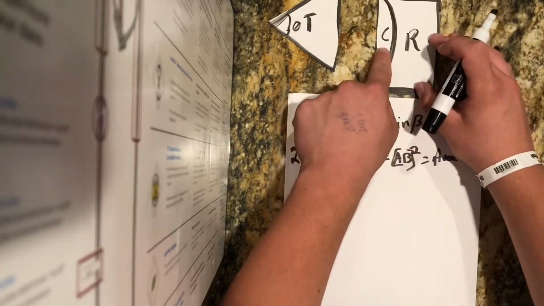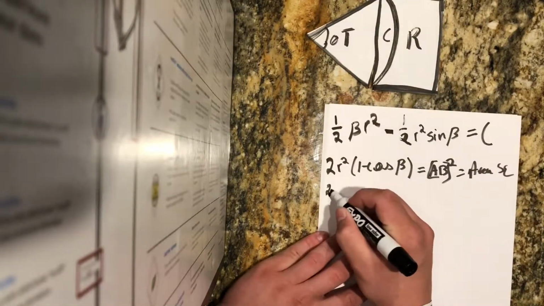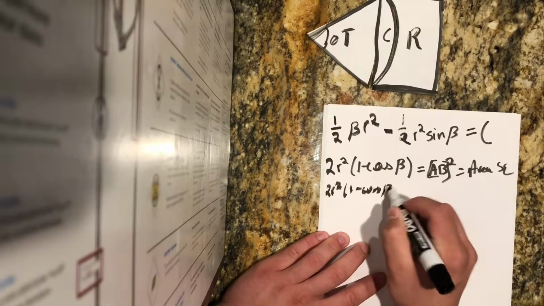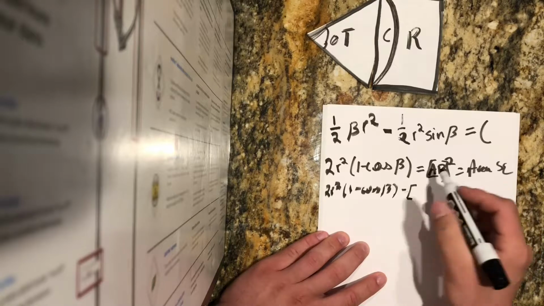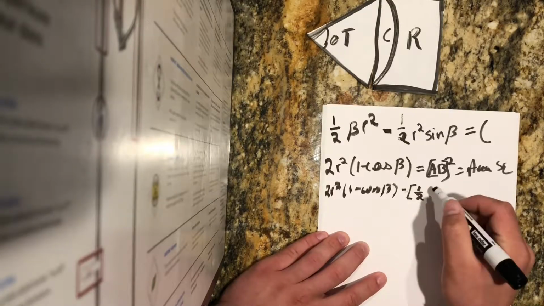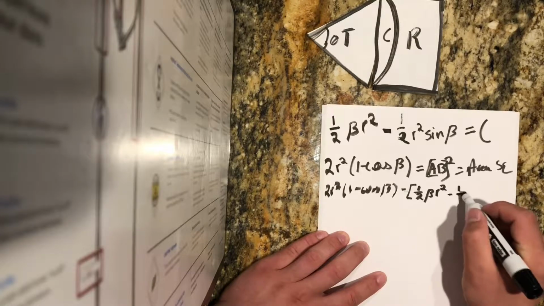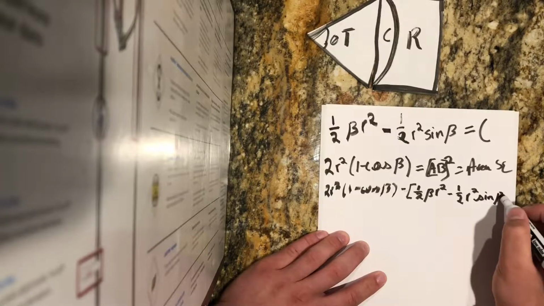Wow, we're moving places. So let's write this out. We know that 2R squared times 1 minus cosine beta minus, in brackets just to make our lives easier and so you can understand it, beta R squared minus 1/2 R squared sine beta.